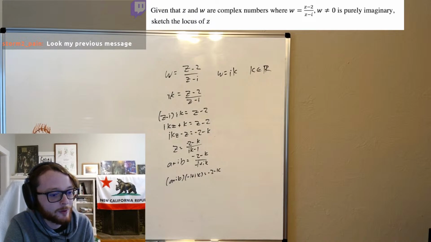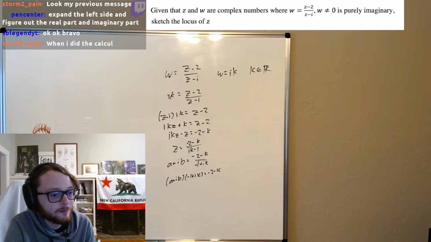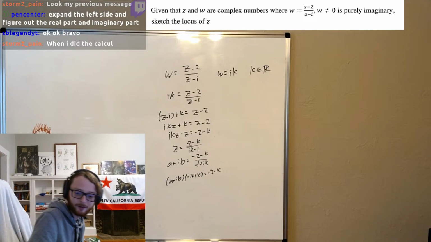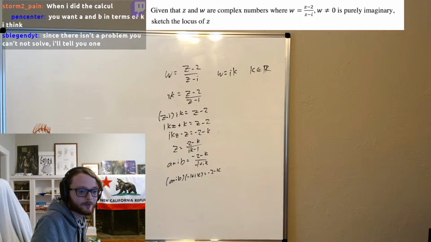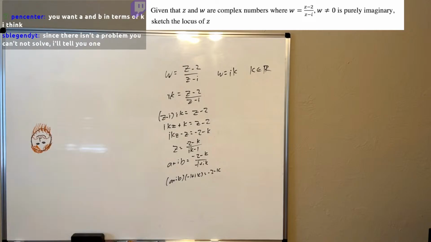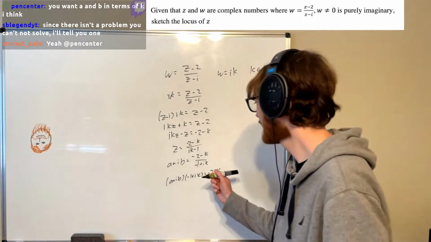Split the left side to figure out the real part and the imaginary part. I don't know an example of that offhand right now. I'll think about it more after we get to the end of this. I'm going for a and b in terms of k. Okay. So expand the left side.